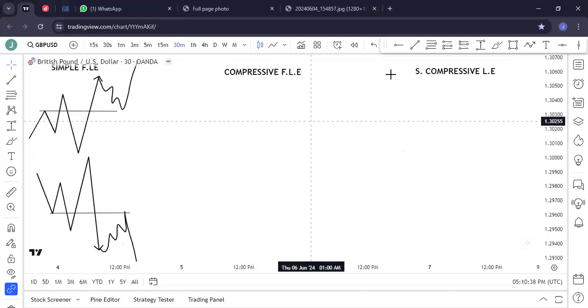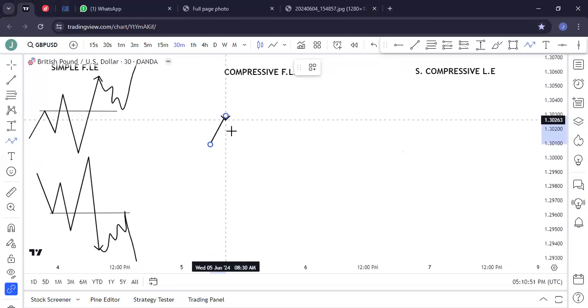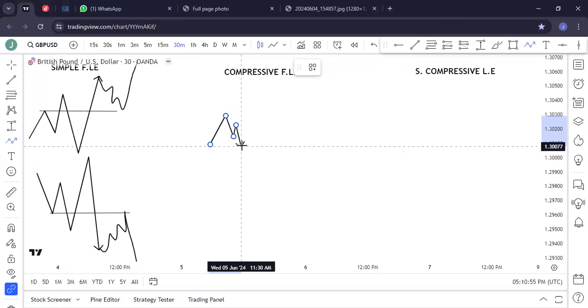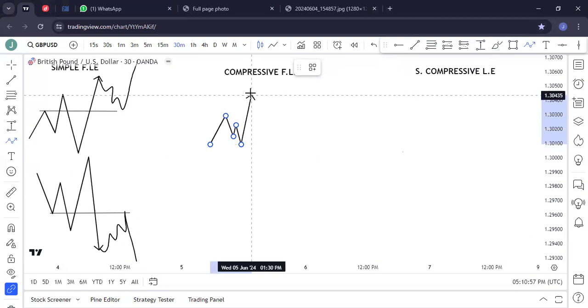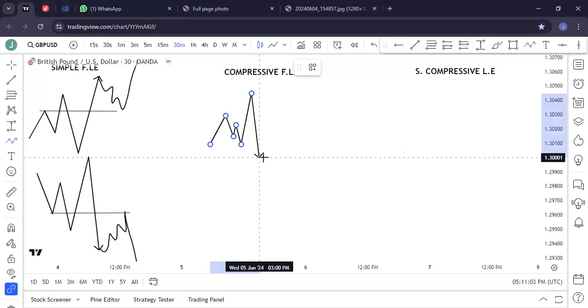Same applies in a compressive liquidity engineering. We learned yesterday that in a compressive liquidity engineering, the market creates a small trend before making the low, then comes to break this point here. Then after that, the market changed the character.